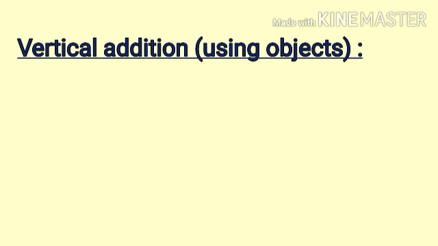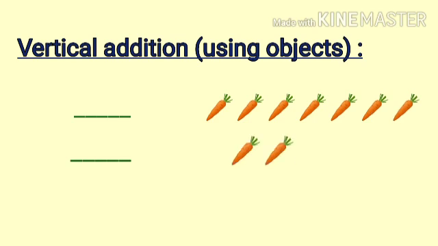Let us see one more example. Here we have some carrots in 2 lines. Now, to get vertical addition, we should write numbers corresponding to these carrots.